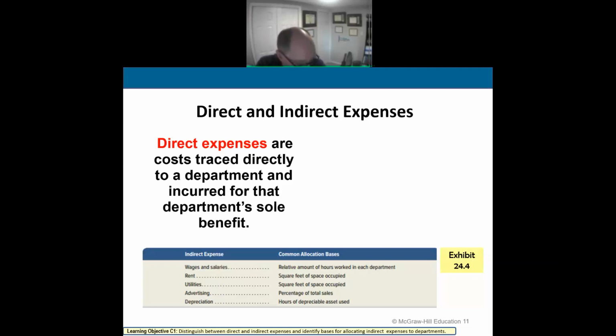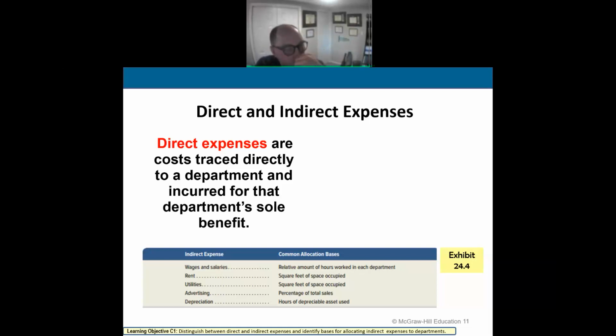Direct expenses are the expenses that can be traced directly to the department and incurred for that department's sole benefit. In other words, I talked about Macy's and the jewelry department. There are expenses that I can track directly to that department in Macy's store.